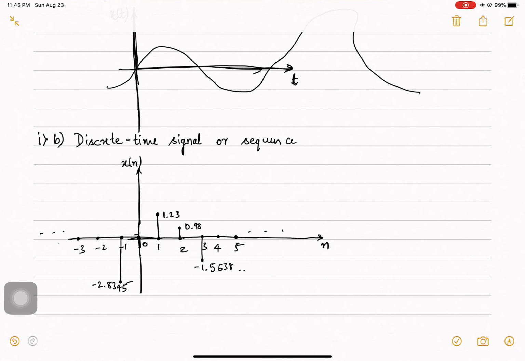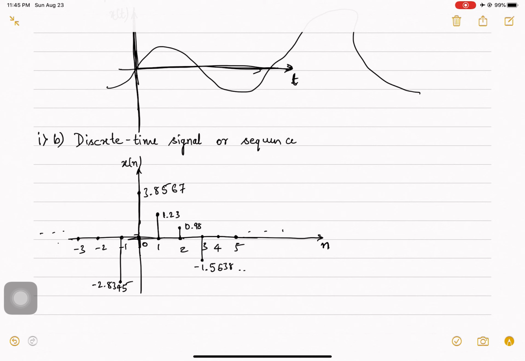What I'm trying to emphasize here is that there is no restriction on the values that the y-axis can take. It can take all the values between minus infinity and plus infinity, whereas your x-axis has a constraint that it can only take the integer values. So x of 0, let it be equal to some 3.856.